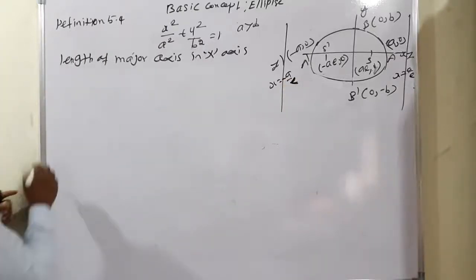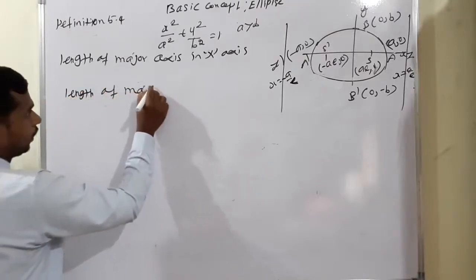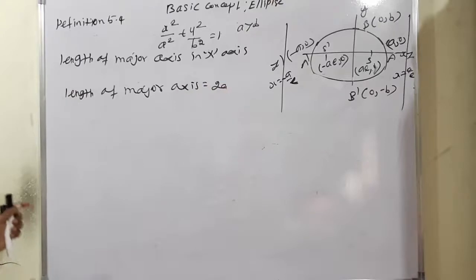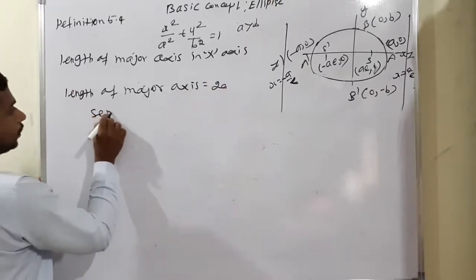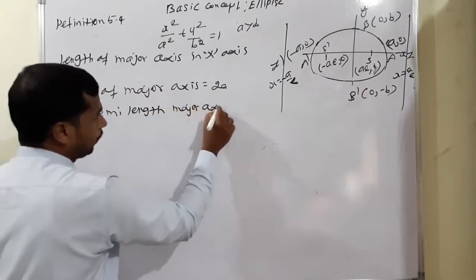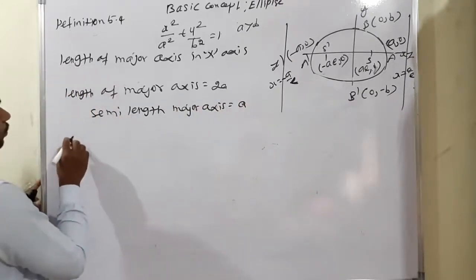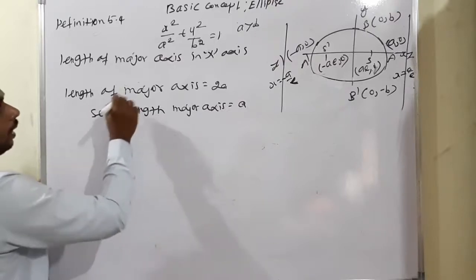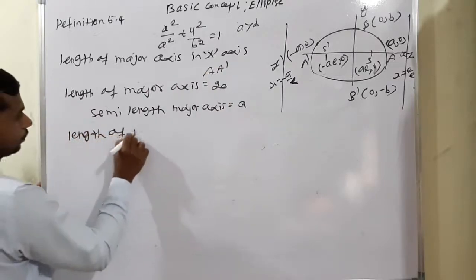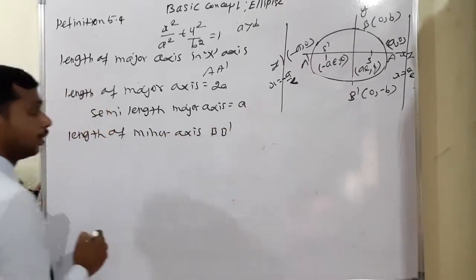So now the length of the major axis is equal to 2A, and the semi length of the major axis is half of that. So the semi length of the major axis is half of 2A. Now the minor axis: the length of the minor axis will be 2B. The length of the major axis is considered for A dash, and the length of the minor axis is B dash on the y axis.